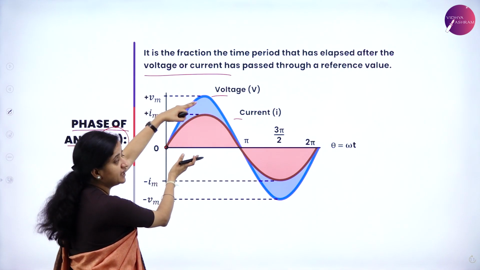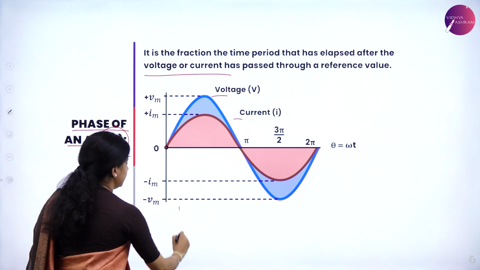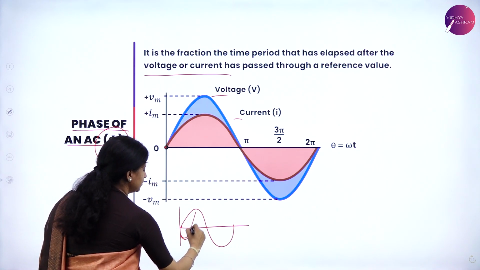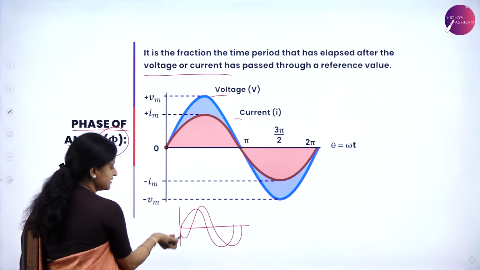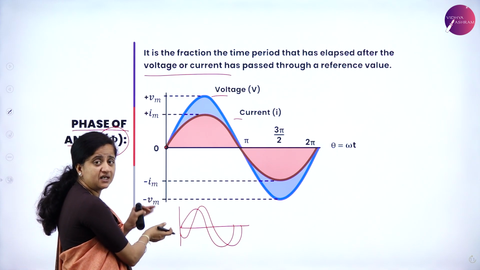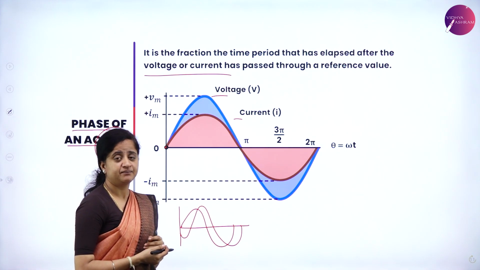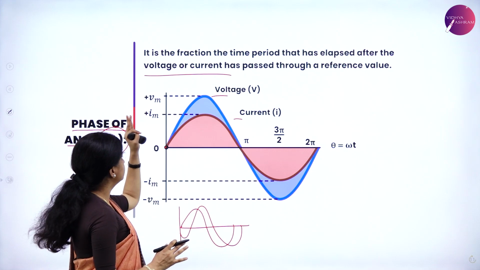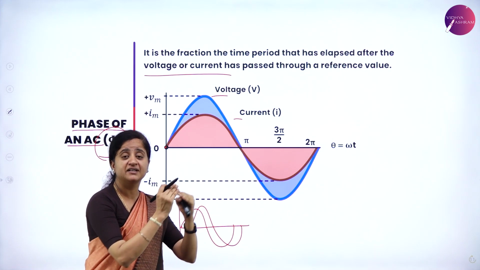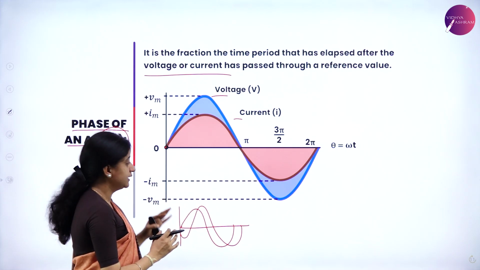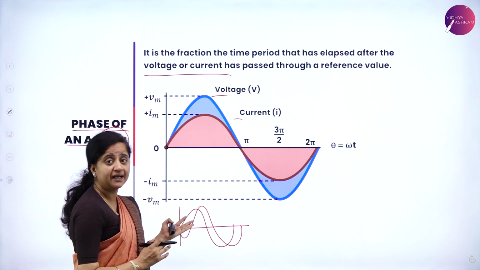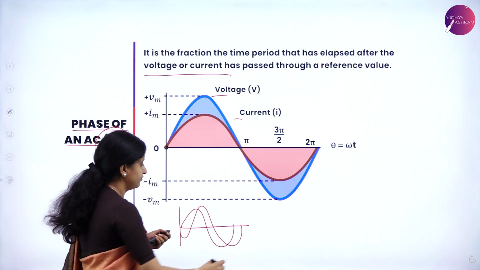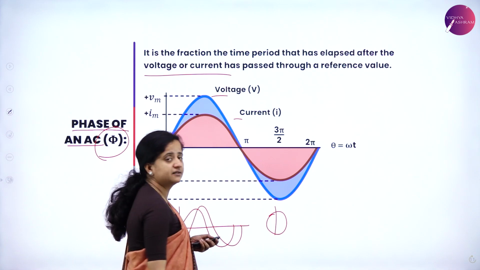Now they are in phase with each other. In other cases, the current will go through this point like this, which creates a difference between the reference points, and we call it phase. So phase is basically the difference of time period between the voltage and the current value. It is given by the letter phi.